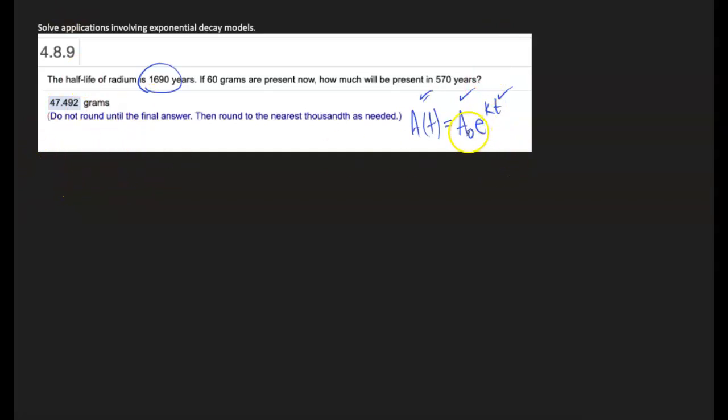So again, it doesn't really matter what the initial value is. Let me fill in some parts of this at least. I could say that the initial value is 100. Then I would know after 1,690 years, what is left is half. I could say that the initial value is 200, and after 1,690 years, what is left is half of that.